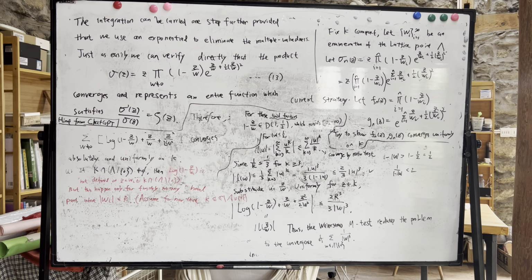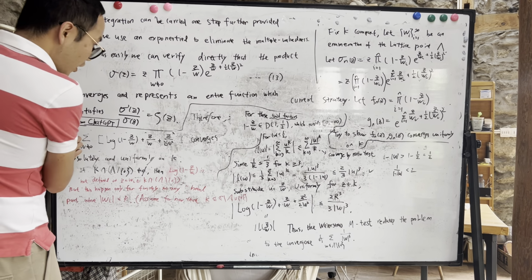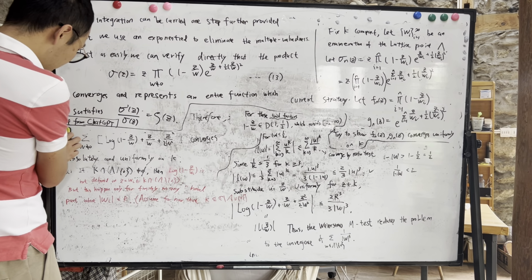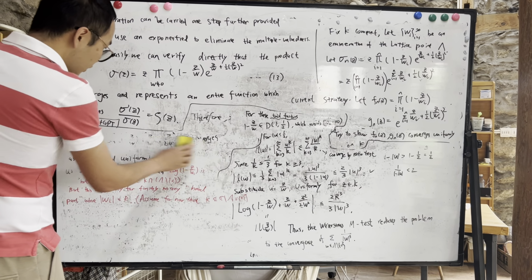Okay, so I'll just erase this one, because he is using the K for the general compact set K. Then he's saying that this converges absolutely uniformly on K, but I don't think it is true, including the head part. So I'll just erase this one.